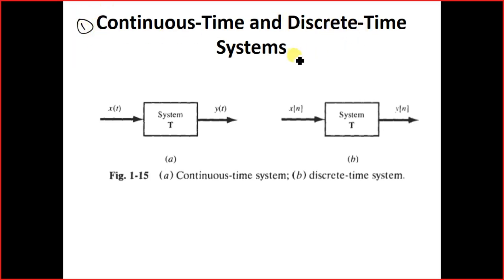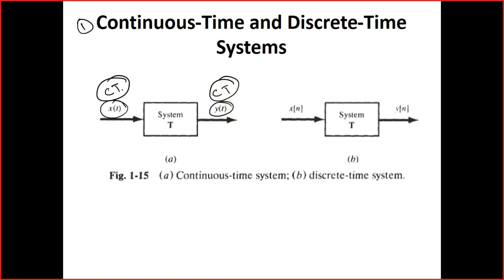Now coming to the first type of systems, continuous time and discrete time systems. In the continuous time system, the signal used as the input should be a continuous time signal. Subsequently, the continuous time system also gives an output which is continuous time in nature.